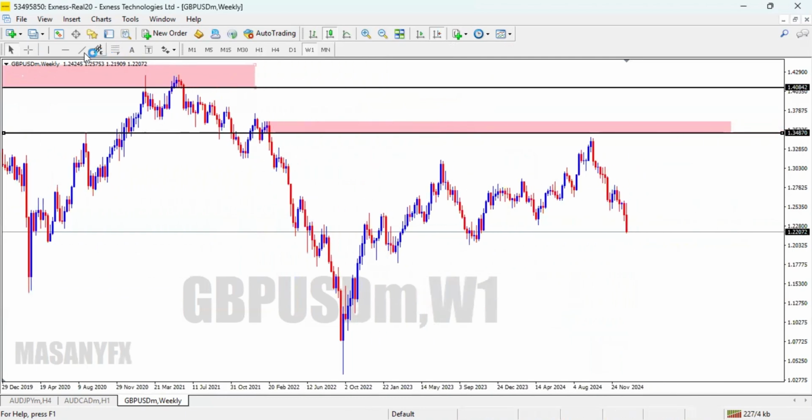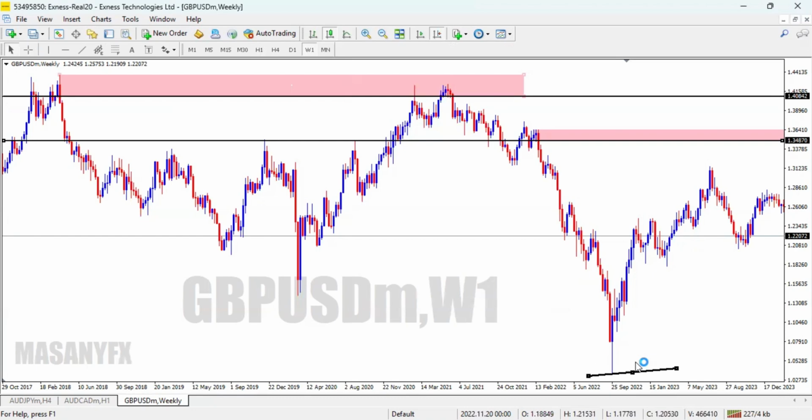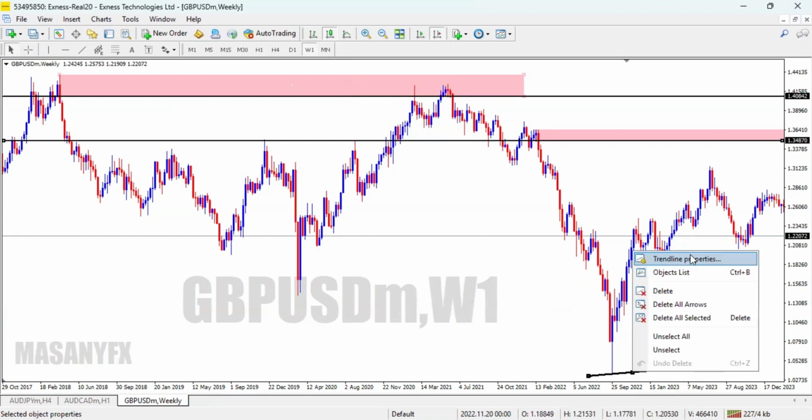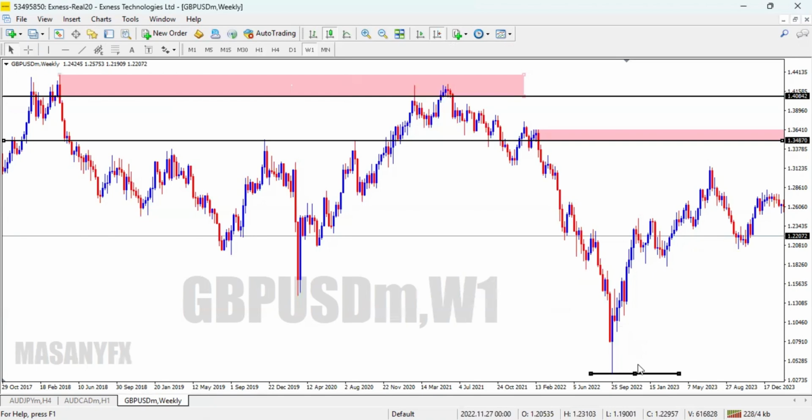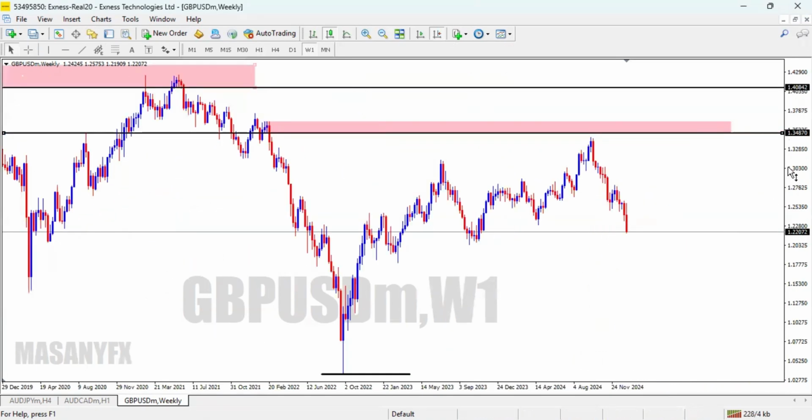The take profit for this move, for a sell from here, is this one. Here's our take profit. But because it didn't touch this zone, it still needs to come back to touch this zone before going further down to these take profits.